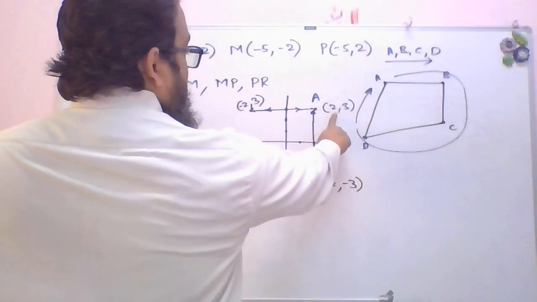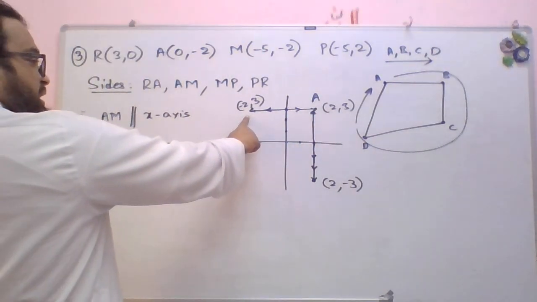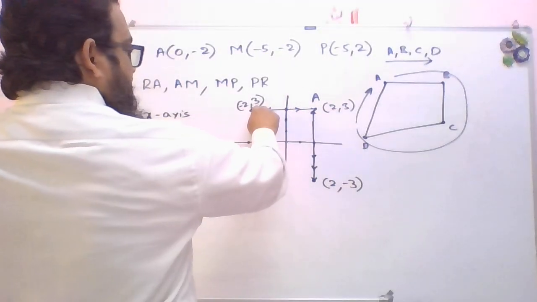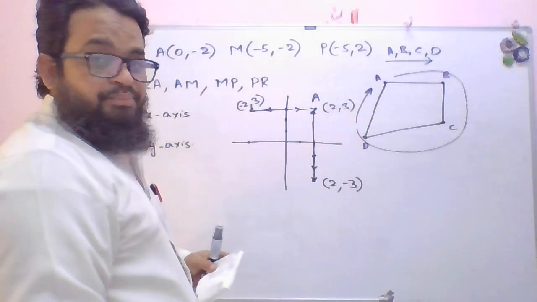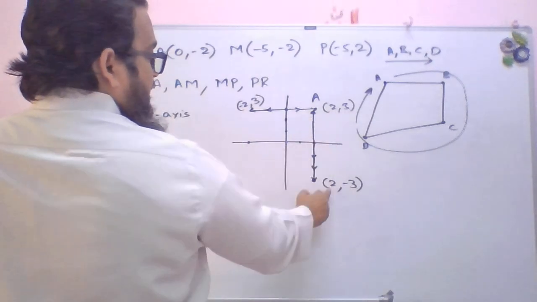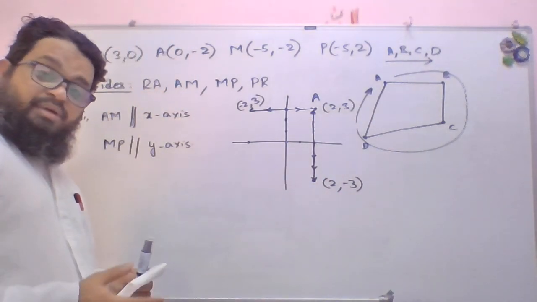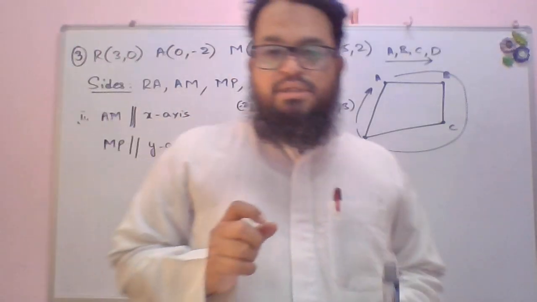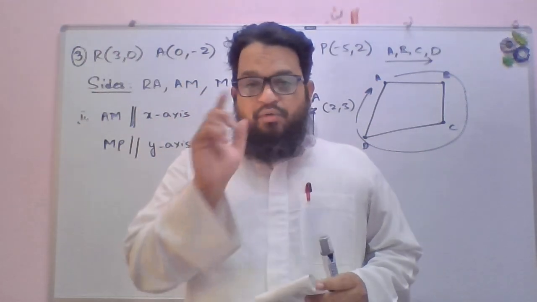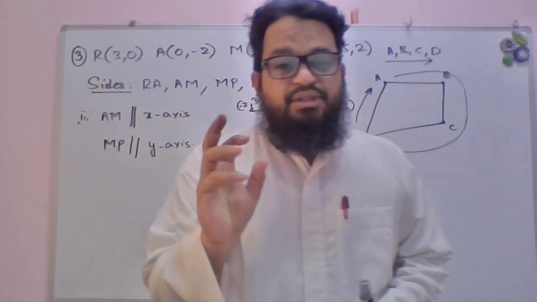See here, in the mirror image of 2 comma 3 along the y axis, the y coordinates 3 and 3 are the same, but the x coordinate has changed its sign. In the same way, if you go along the x axis, the x coordinates are the same, but the y coordinates have changed their signs. So these are mirror images. How will you get mirror points? One of the coordinates will be the same, but the other coordinate will change its sign.